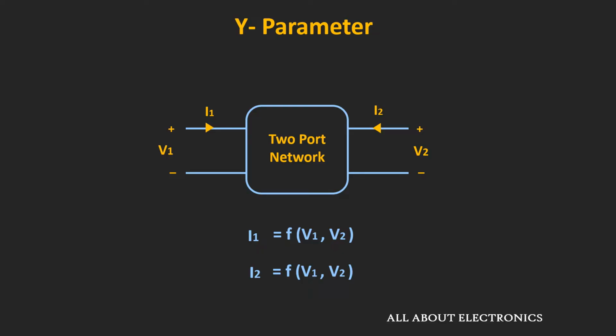So for the Y parameters, the I1 can be expressed as Y11 times V1 plus Y12 times V2. Similarly, the I2 can be expressed as Y21 times V1 plus Y22 times V2, where these Y11, Y12, Y21 and Y22 are the proportionality coefficients, and they are known as the Y parameters of the two-port network.